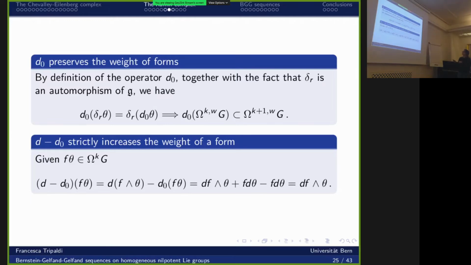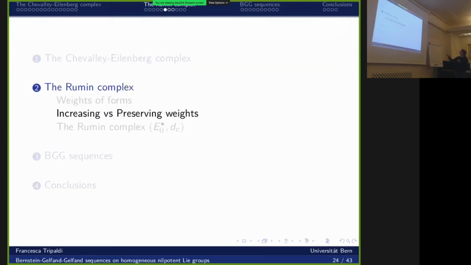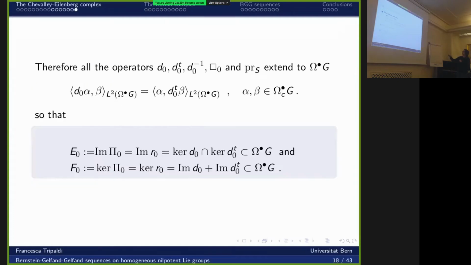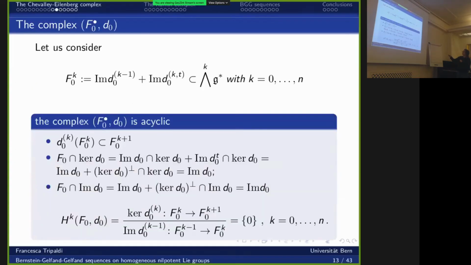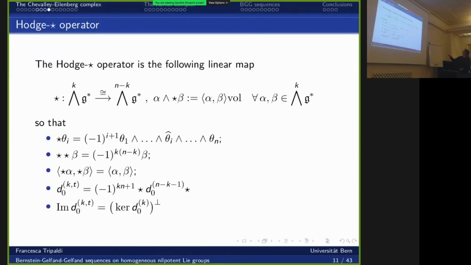So we look back at D0 and we actually have that D0 commutes with the dilation. So it actually means that D0 preserves the weight. This is probably better seen by the definition of D0 when you had that, where is it?